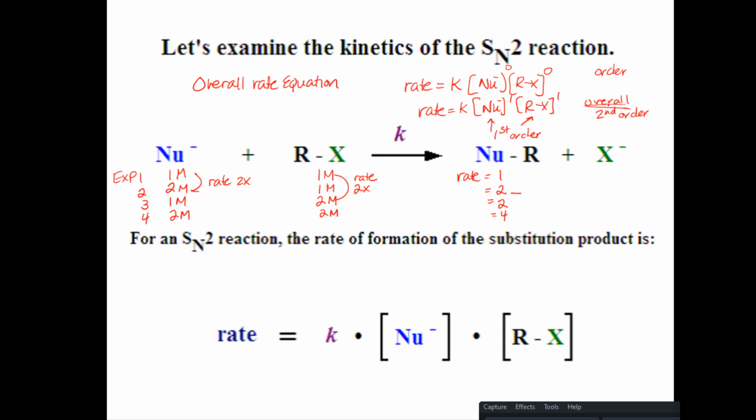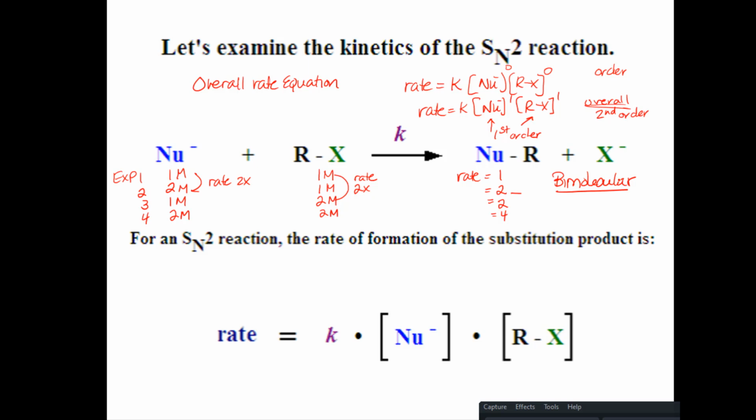So in this case, this is an overall second order reaction. And the question is, what does that mean? Well, we could also call this second order reaction a bimolecular reaction.